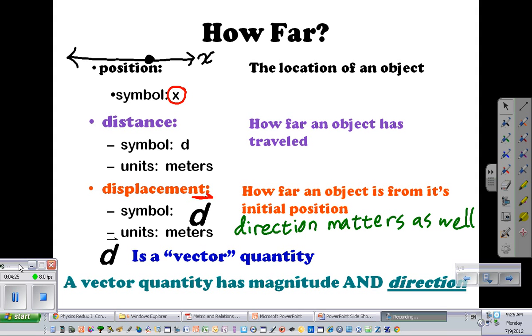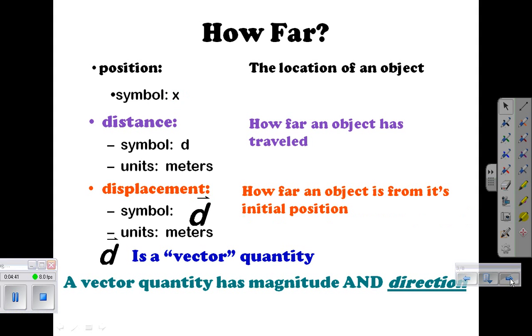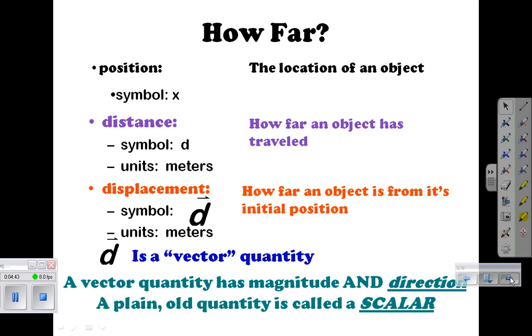But that's what a vector quantity is. The direction has to be included. And for the purposes of our class, we can just get away with saying a positive or negative direction, left or right, east or west. And one last thing.